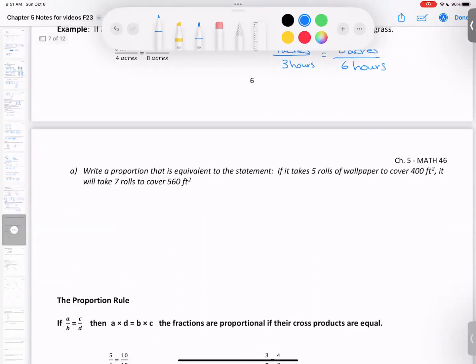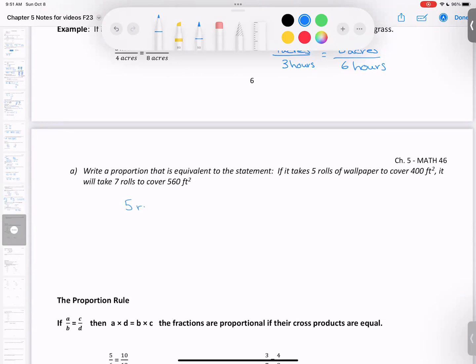Here they're asking us to write a proportion that is equivalent to this statement. If it takes 5 rolls of wallpaper to cover 400 square feet, it will take 7 rolls to cover 560 square feet. Pause the video and see if you can find an equation that would make this true. Okay, hopefully you had a chance to do this one on your own.